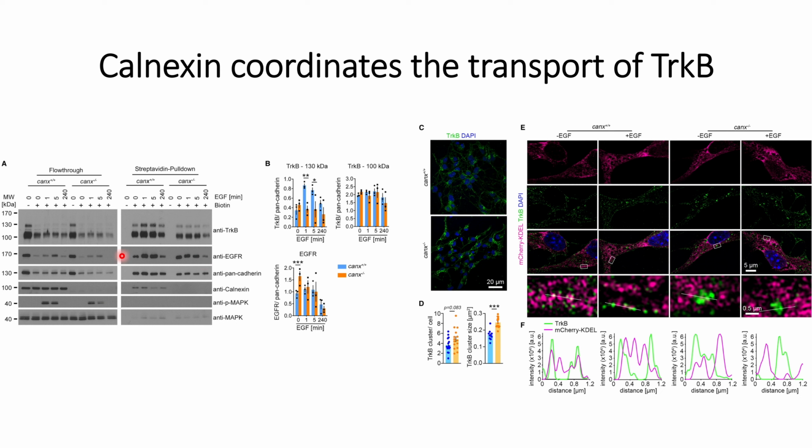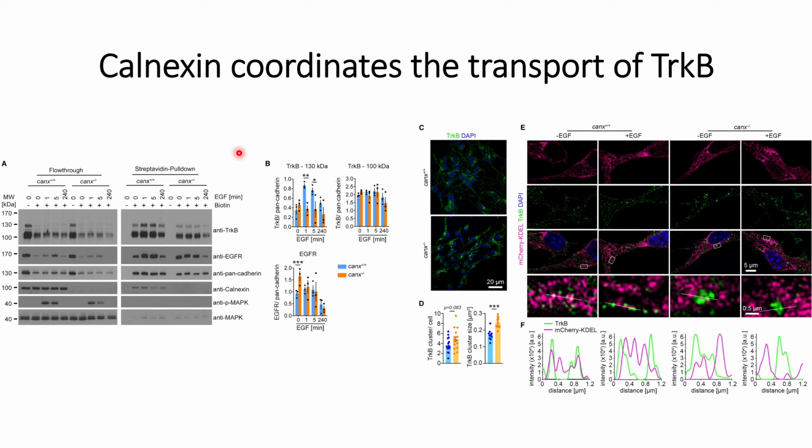However, for anti-EGFR, they found that with time there is a decrease in EGFR concentration, and this could be attributed to the endocytosis that occurs when EGF interacts with EGFR. That thereafter helps in the activation of TrkB, and then transport of TrkB to the cell surface.